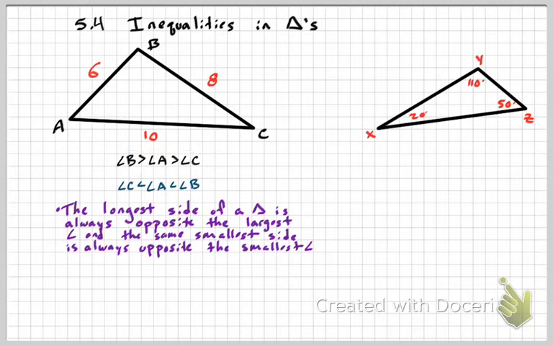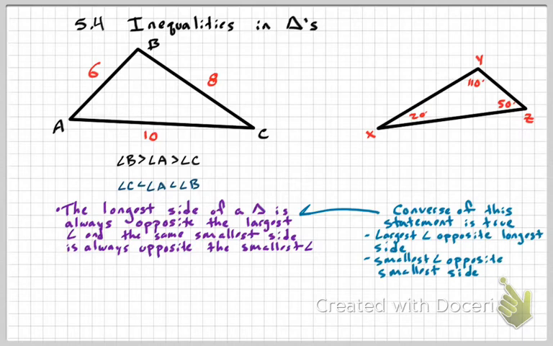Now, if the largest side is opposite the largest angle, then it only makes sense that the converse of this would also be true, that the largest angle is opposite the longest side, and the smallest angle is opposite the smallest side. So looking at our diagram here, 110 degrees is our largest angle. The side opposite that angle is side XZ. So that means side XZ is our longest side.